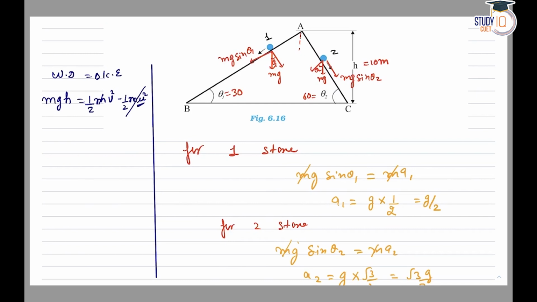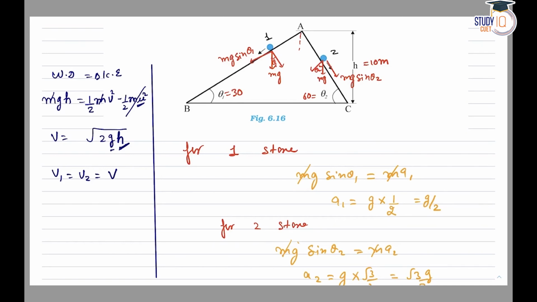So the final velocity on reaching the ground is the square root of 2gh. In both situations, for stone 1 or stone 2, the height is the same, g is the same. So the speed for stone 1 is equal to the speed for stone 2, and this value is v, which is root of 2gh.